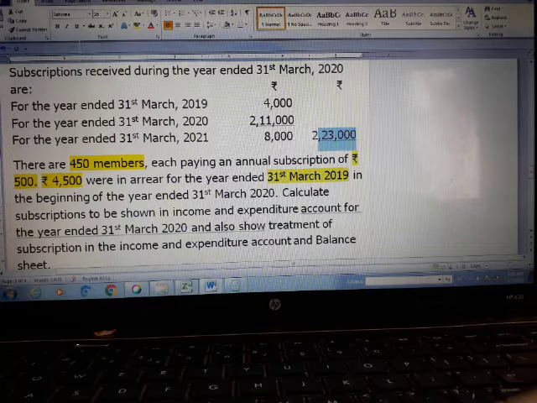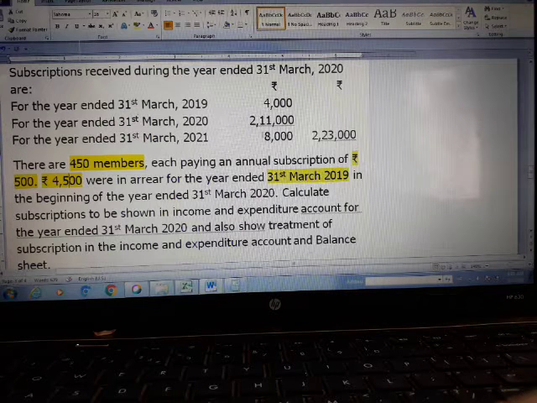When it is given very clearly what subscription has been received for the year 2020, I need not bother about the previous year. However, I have to consider the previous year subscription outstanding. What is the further subscription outstanding after payment of 4,500? That should be shown in my balance sheet.